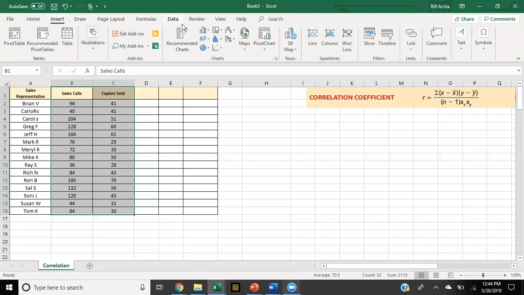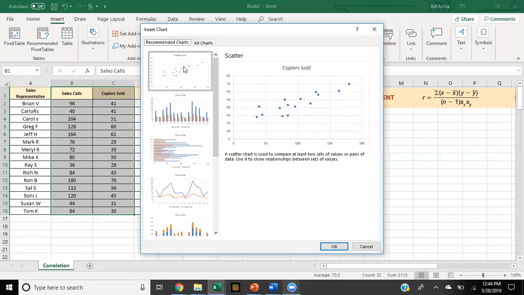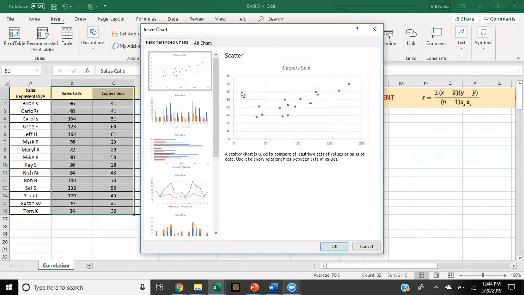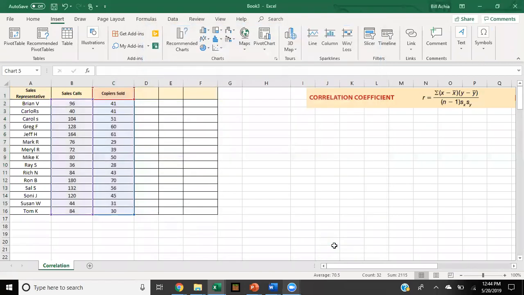And then I can either do a recommended chart and look for the scatter diagram, which is the first one given there. Or alternatively, I could look for the scatter diagram, which is right over here within the charts. So let's click on our scatter diagram.